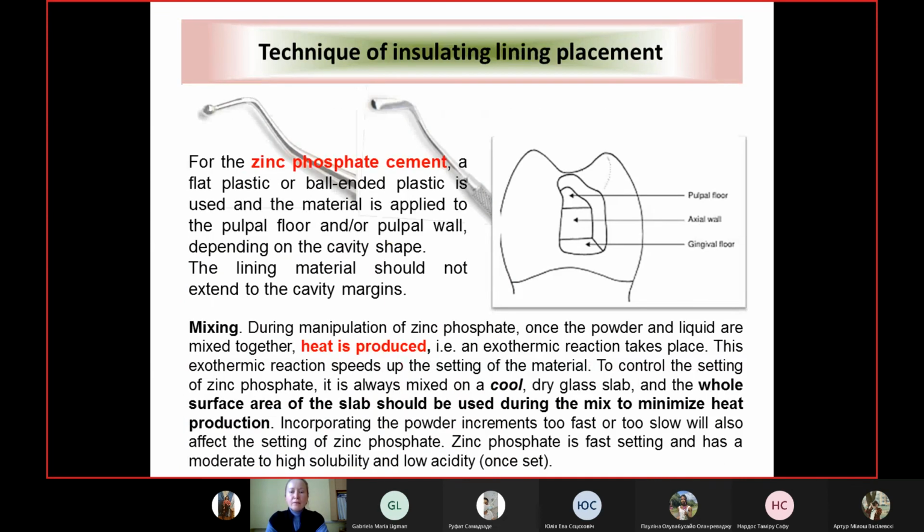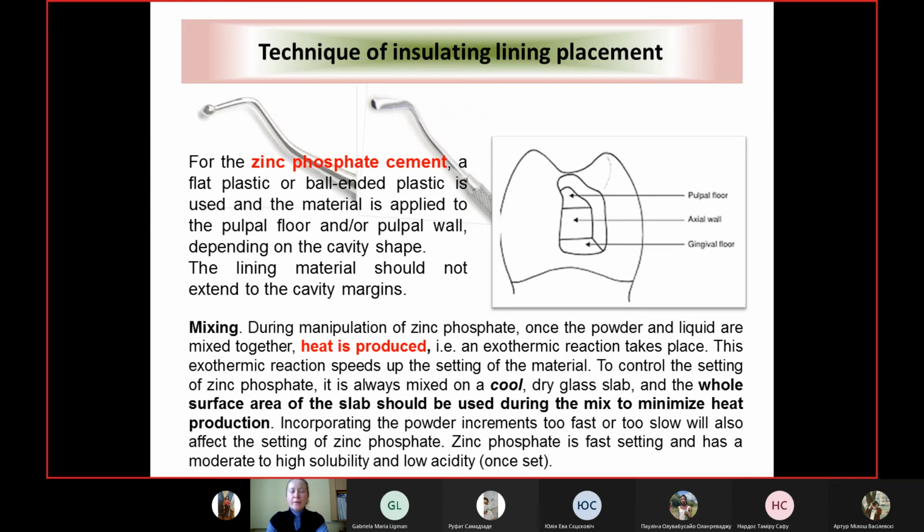Mixing. Powder and liquid are mixed together. At first some amount of powder is added to the liquid, and then the rest of the powder is mixed in to get an appropriately formed restorative material. The peculiarity of mixing zinc phosphate cement is that during mixing heating occurs.